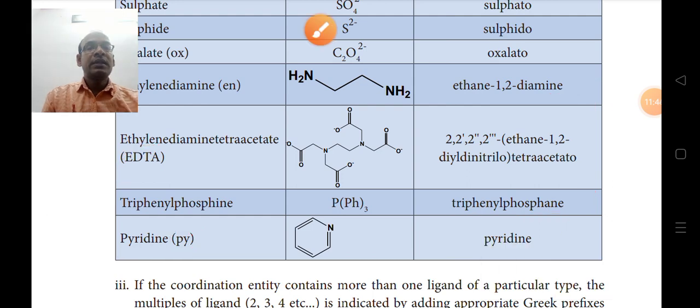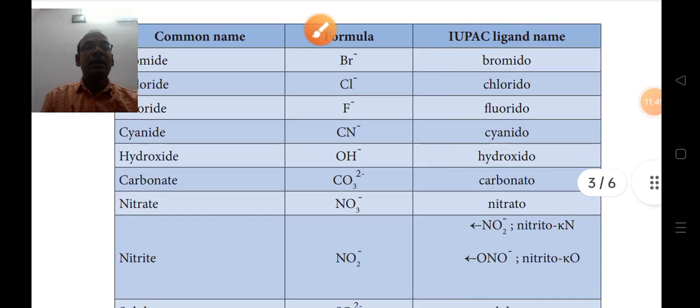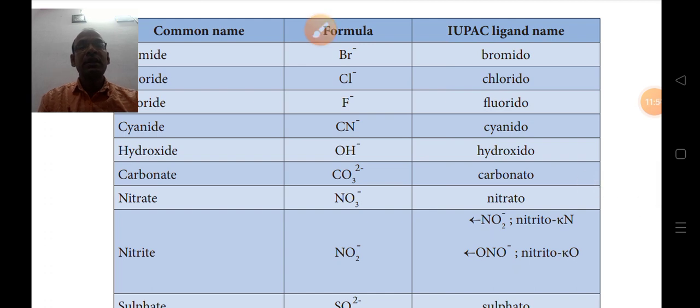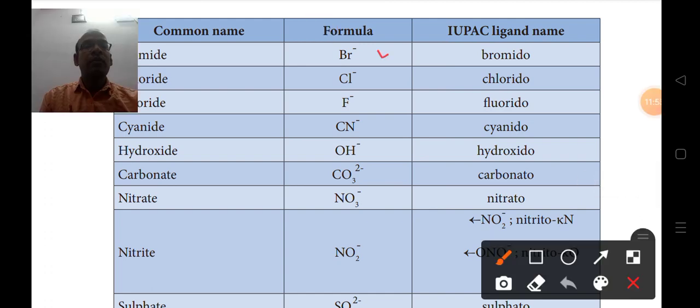Next, anionic ligands, that is, bromido, chlorido, fluorido, cyanido, hydroxido, nitrito, nitrato. These ligands have a net charge of -1.